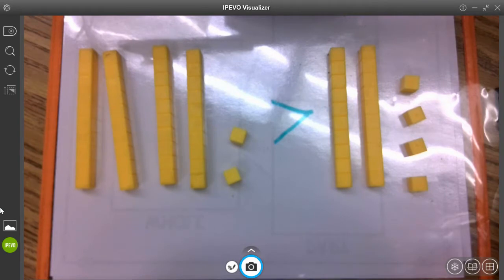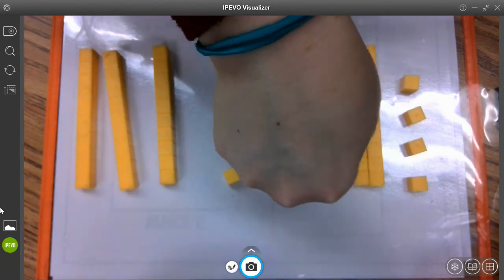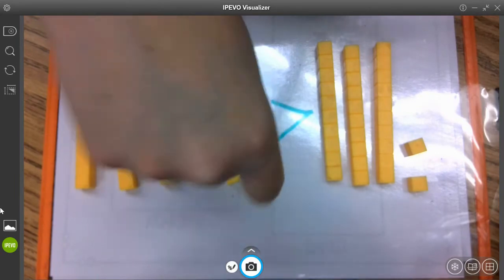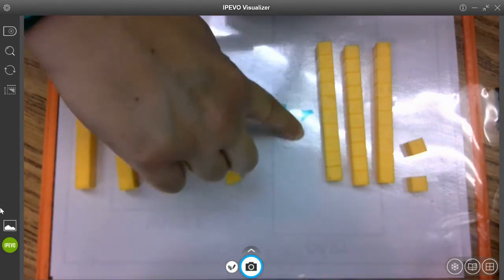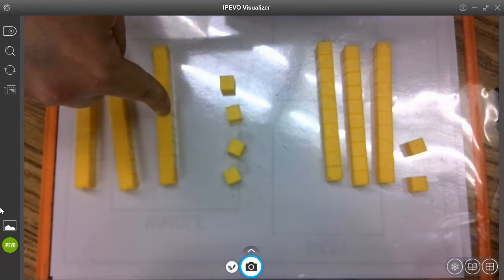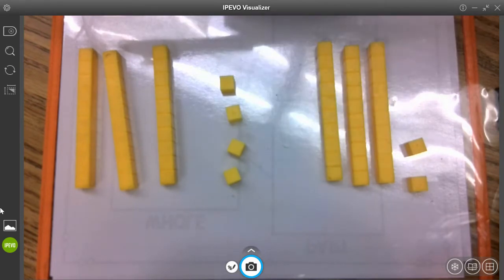But sometimes we have something happen like this. Okay? And here, when I look at my tens, I have 1, 2, 3 tens on this side. I have 1, 2, 3 tens on this side.